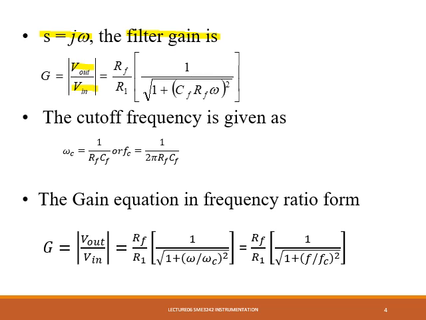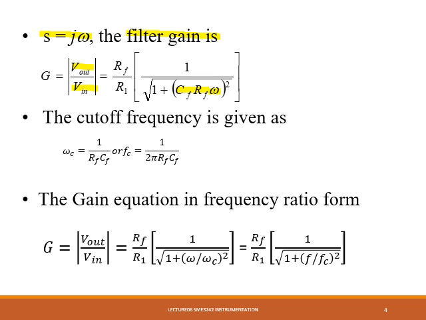So the S term now has been replaced with omega term. So meaning we can find whatever gain for the filter by replacing omega value here for a specific design of CF and RF. Notice that omega here also can be replaced by frequency, because omega is in radian per second, while f is in hertz.